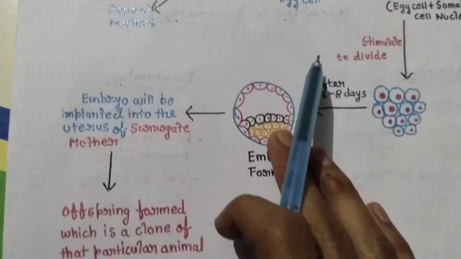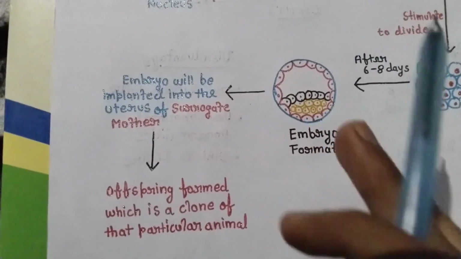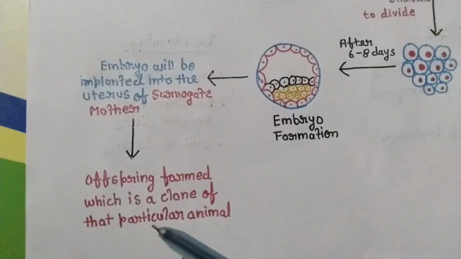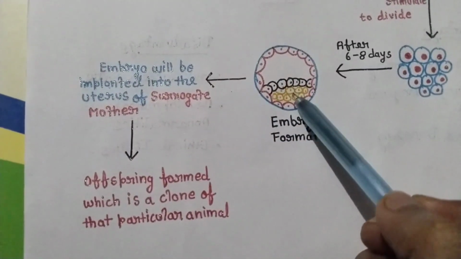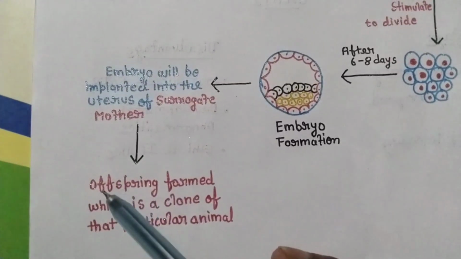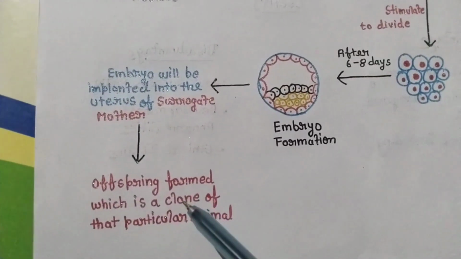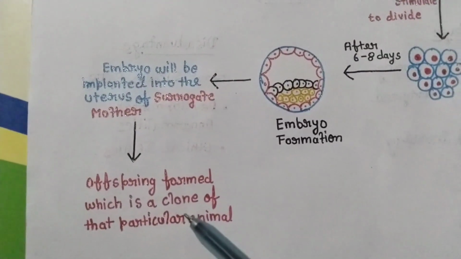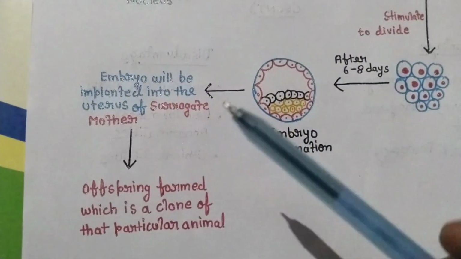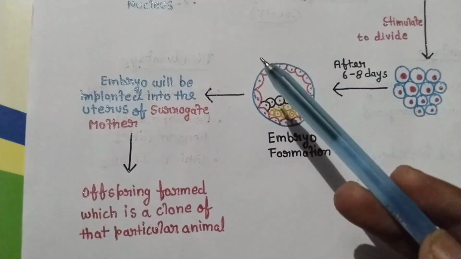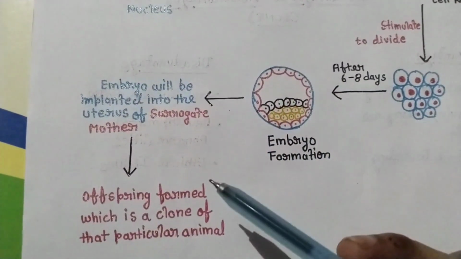After this, the offspring will be formed. The embryo we have inserted will develop into an offspring, and the offspring formed is a clone of that particular animal that we want to clone.